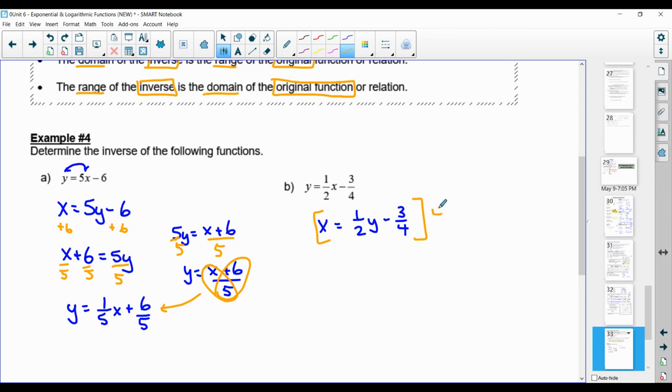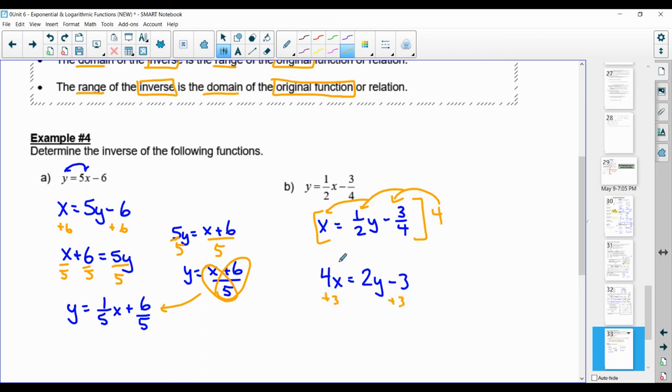So I'm going to multiply everything by 4. And in doing so, I can eliminate my fractions, and then I don't have to worry about the decimals. So multiplying that through, I'm going to have 4x equals 4 times 1/2 is 2, so 2y. 3/4 times 4 is minus 3. To get y by itself now, I'm adding 3 to both sides.